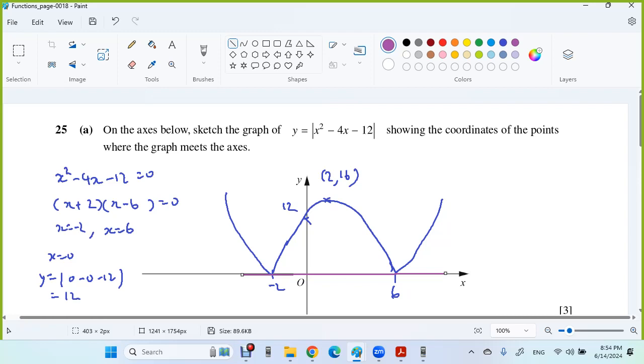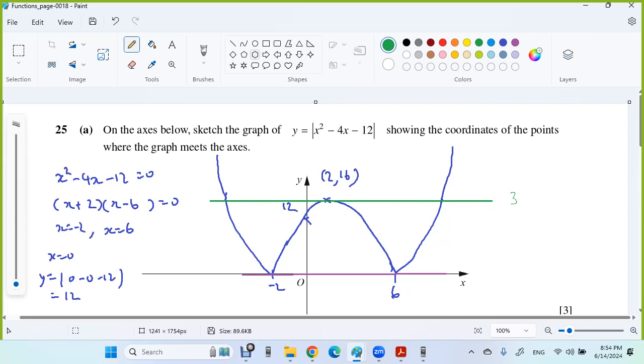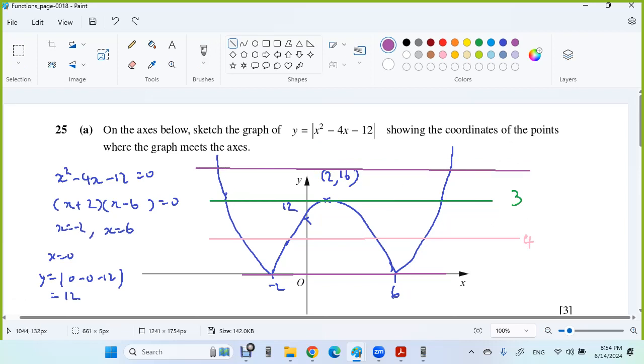Okay, and then if we go up again and go up again, this part has 3 solutions, and then this part has 4 solutions, and when k is greater than 16 there we have 2 solutions.